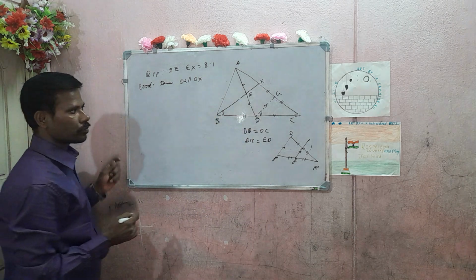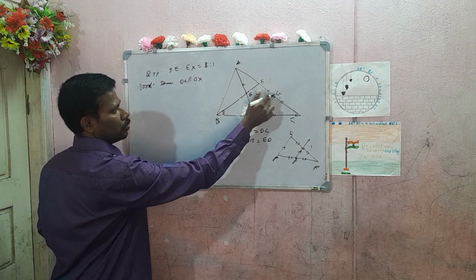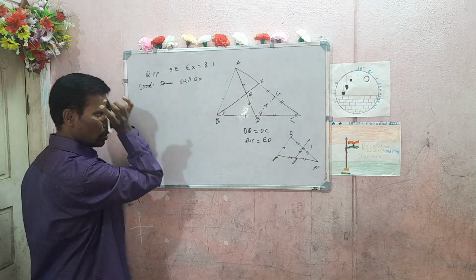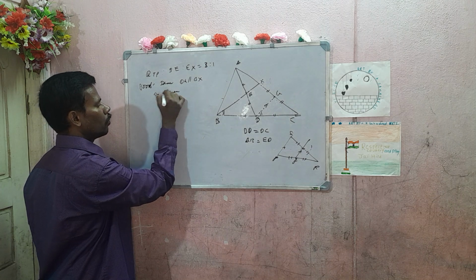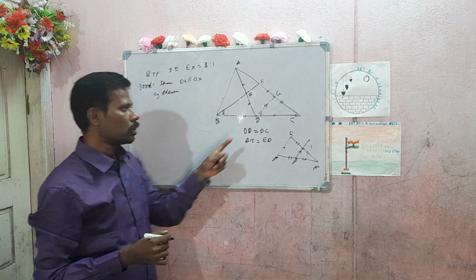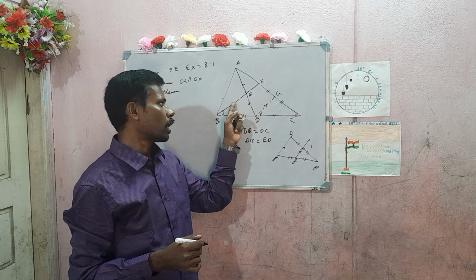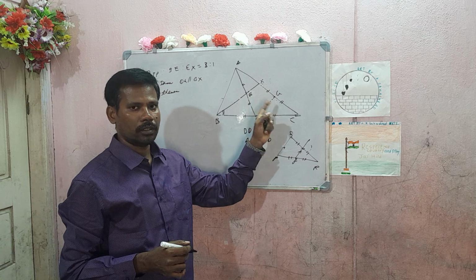Therefore, since we draw DG parallel to BX, by the theorem, what does the theorem state? A straight line drawn through the midpoint of a side of a triangle parallel to the base bisects the third side.